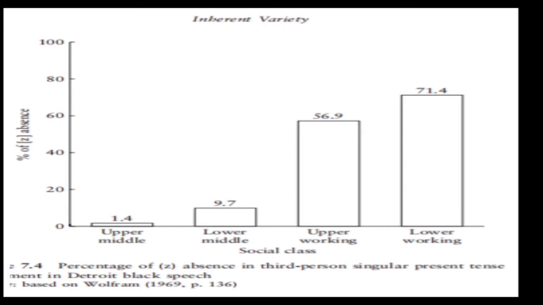The percentage of the absence is from 0 until 100, and the classes are upper middle, lower middle, upper working, and lower working class.